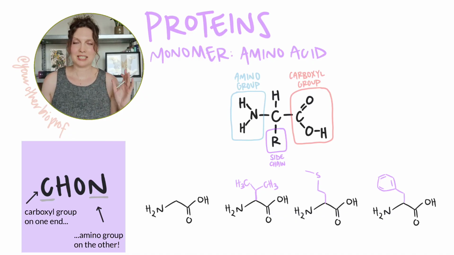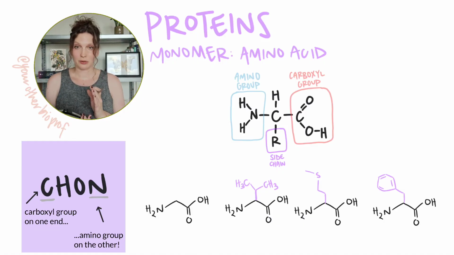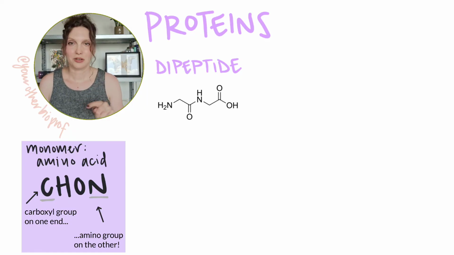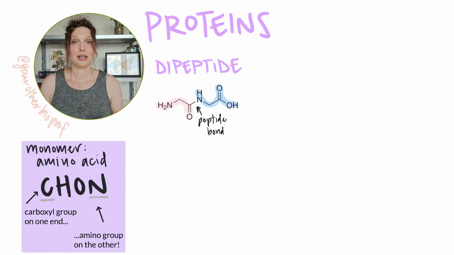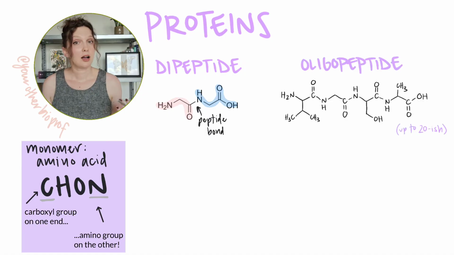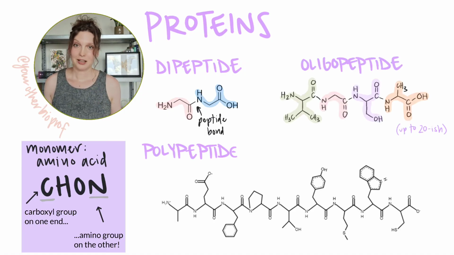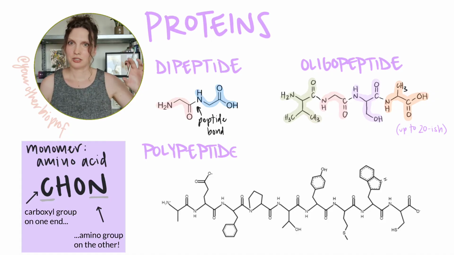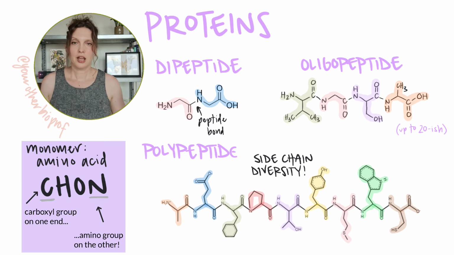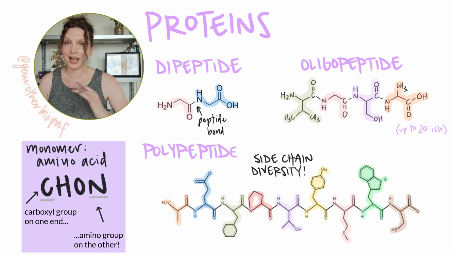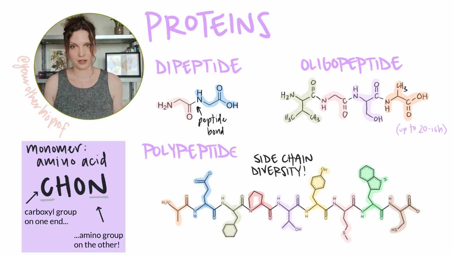Now, with 20 different standard amino acids, that means that when we combine amino acids to make a dipeptide, two amino acids joined by a peptide bond, or an oligopeptide, a few amino acids joined together, or a polypeptide, many amino acids joined together, you're going to see a lot more diversity of structures than you did with the carbohydrates, which kind of just look like near identical subunits stuck together.